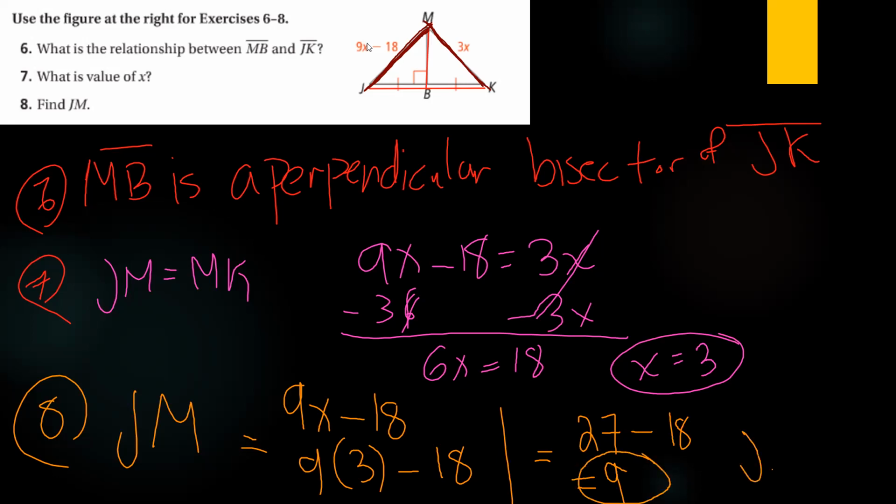So the length of JM is 9. Is it clear? In number 7 they asked me to find the value of x, and in number 8, they asked me to find JM.